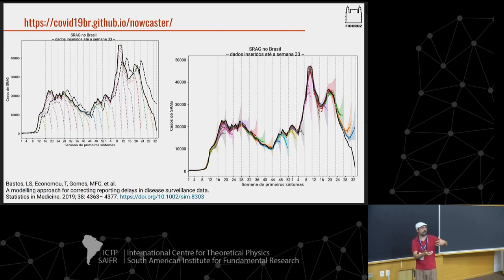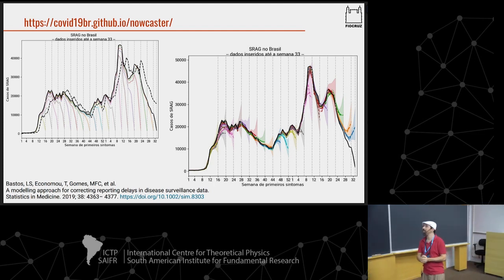So if we have a huge shift, the model will take some time to incorporate it. By the end of the year, it wasn't able to accommodate that fact. We are still trying to figure out how to deal with that. We still don't have a solution for that.